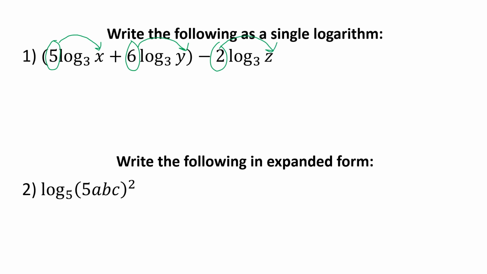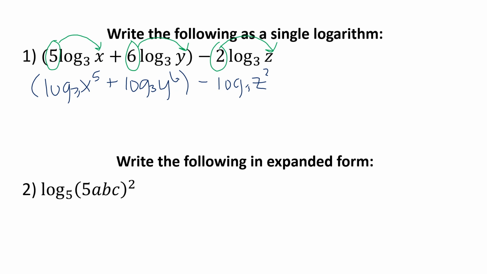That's pretty much the first thing I always do. So log base 3 of x to the power of 5 plus log base 3 of y to the power of 6. Now this subtraction sign is going to stay there. It's not a -2 that's going up to the exponent. The subtraction sign is going to stay there, so it's just a 2 that goes up to the exponent.